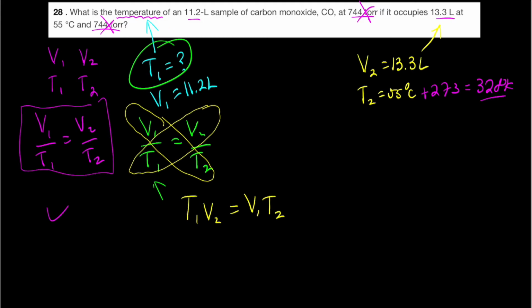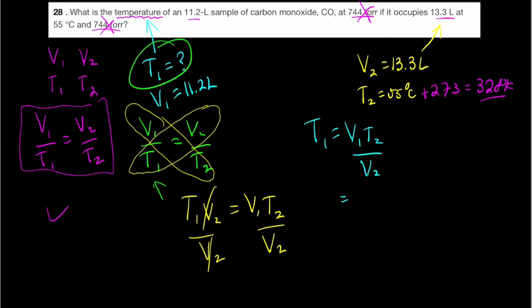That gets rid of fractions, which is very good. Again, we want to solve for T1, so I'm going to divide both sides by V2. It cancels out here, and I've got a new formula: T1 is equal to V1 times T2 over V2.